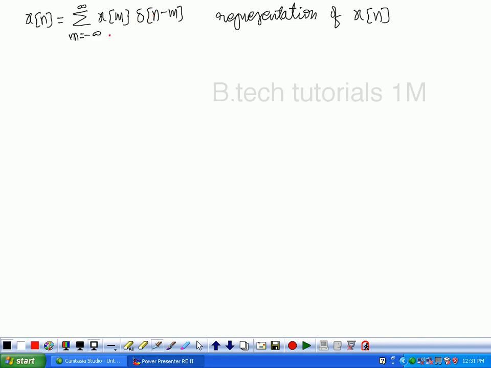So it is a weighted sum of impulse functions. Each impulse is weighted by a particular value, x of 0, x of 1, x of 2, and so on. So this is the representation of x of n in terms of impulse functions.